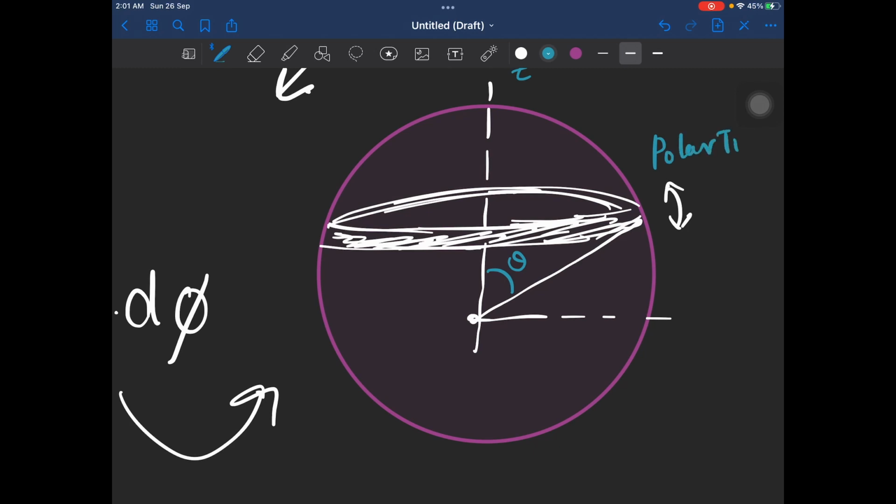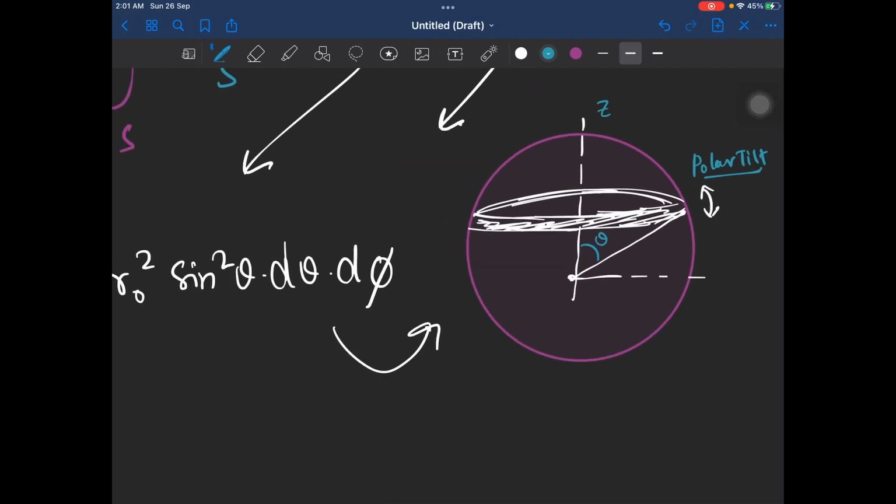I call it polar tilt. And this turn around this curved part is given by the azimuthal angle, which is this phi, and a projection of this over the xy plane.